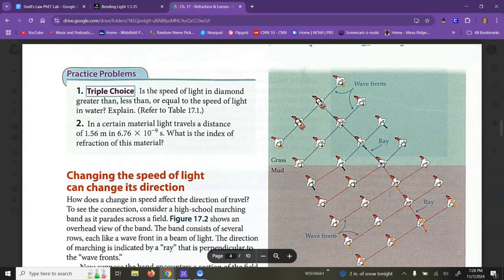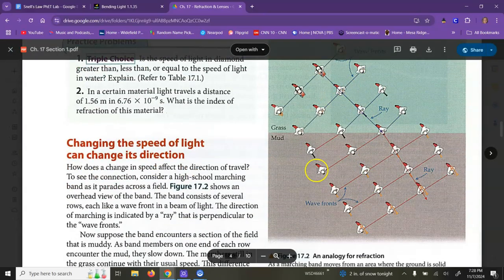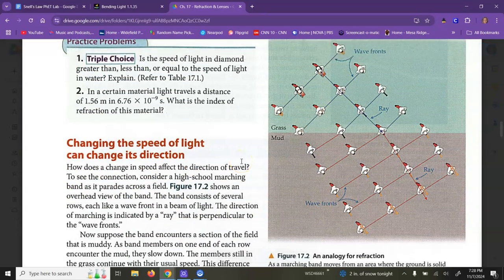Now, Snell's law, they give this example right here, but I'm going to think of a real life example, especially for those of you who drive. If you've ever driven on a dry asphalt road, and then maybe hit a big puddle of water, that's pretty common, or it was just snowing, so you're driving on the dry road and then you hit a patch of ice or something like that.